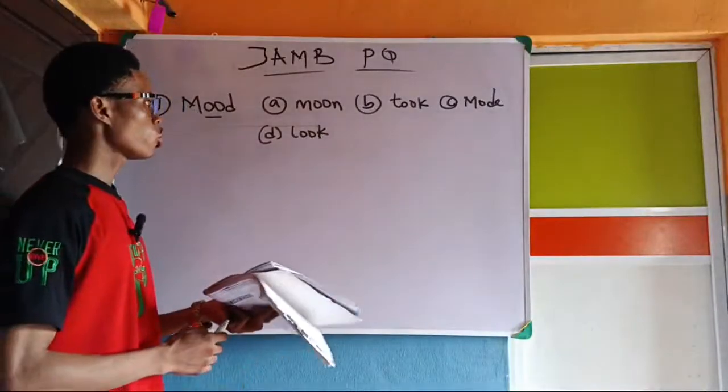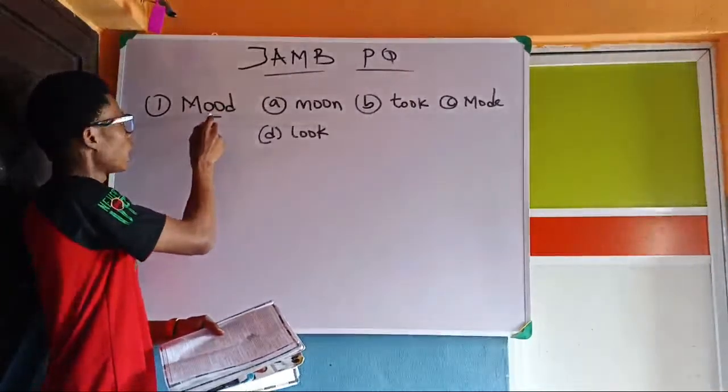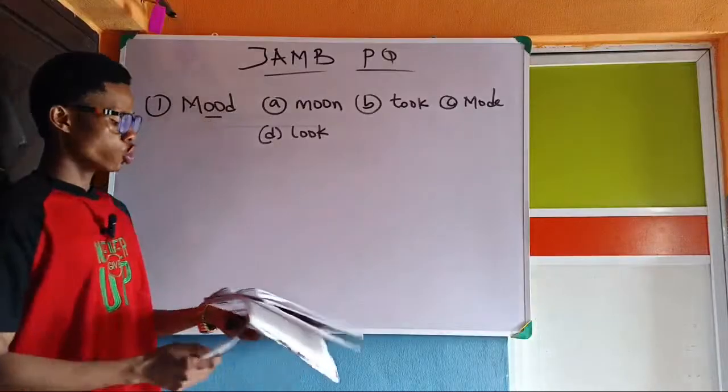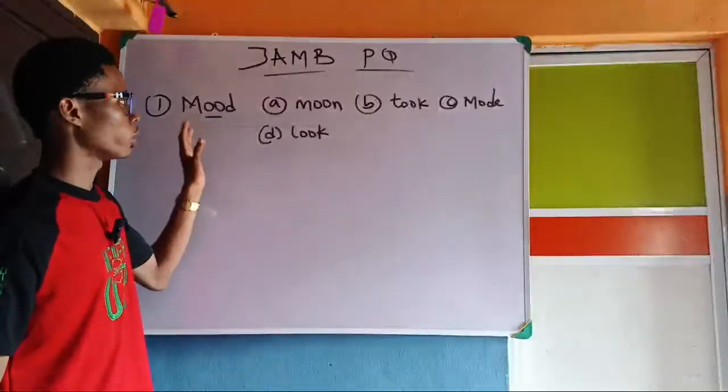Good. So this is the question. Now this is the word we're given, and these double O's were underlined. We're asked to choose the word that has the same vowel sound as the one underlined.